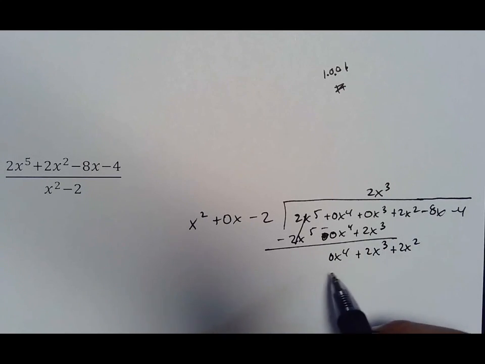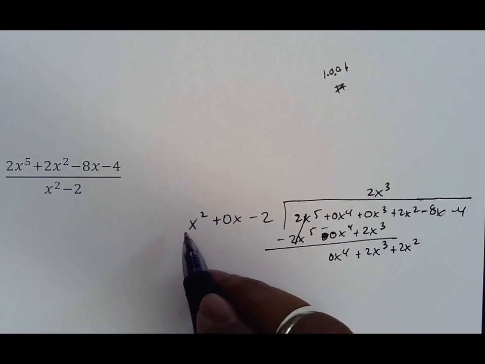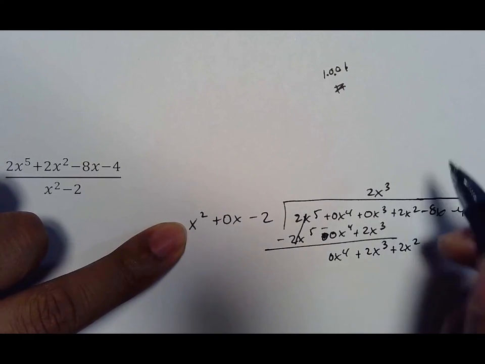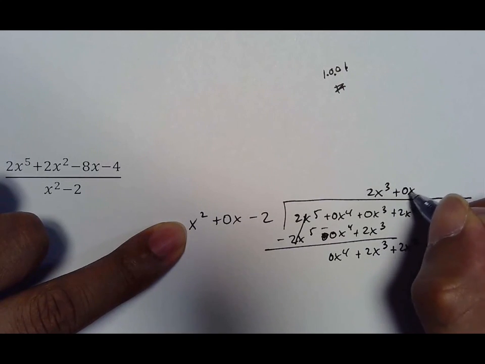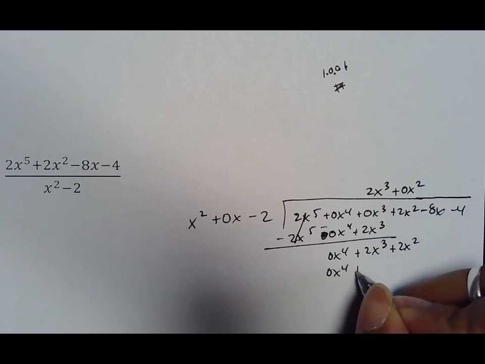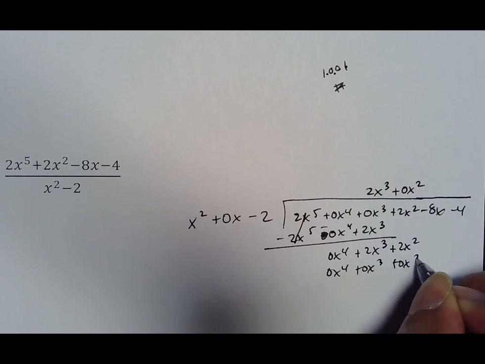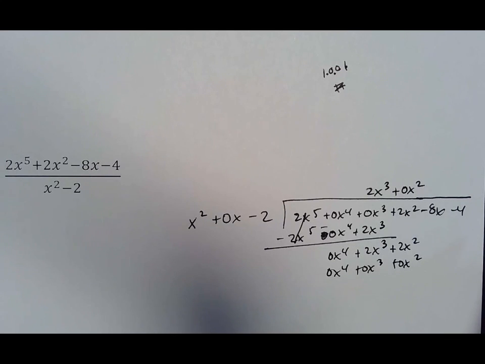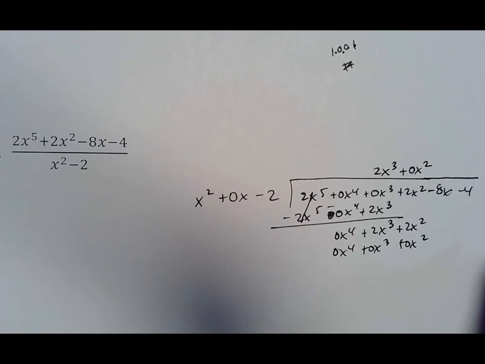Now we say, what do we need here? Well, obviously 0 is your number, but you need 0x squared, which we'll address later. Multiply. That makes 0x to the 4th plus 0x to the 3rd plus 0x squared. Yes, follow the rules. That way you stay consistent with your work.